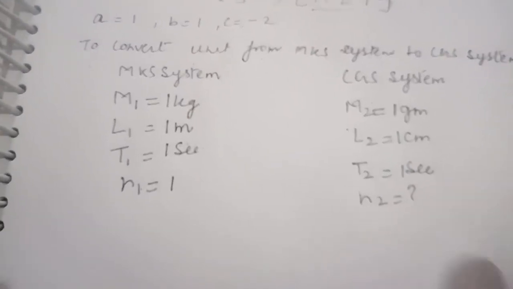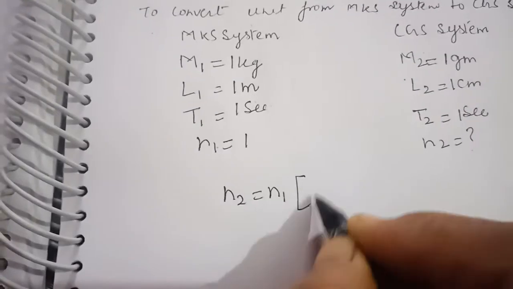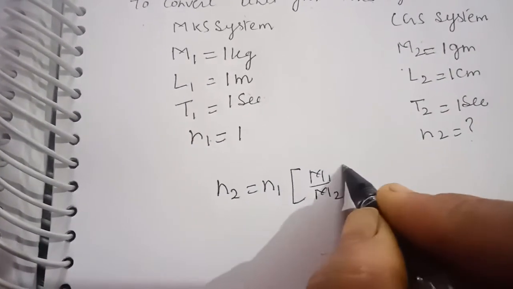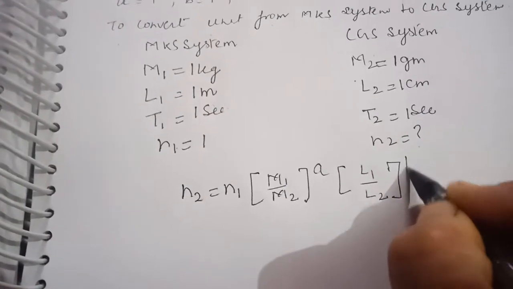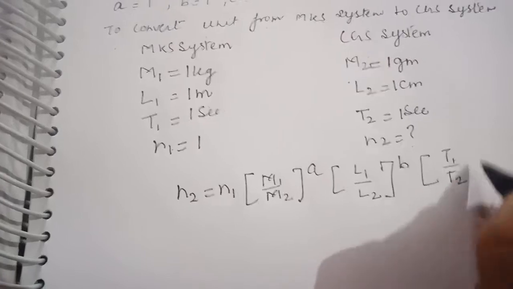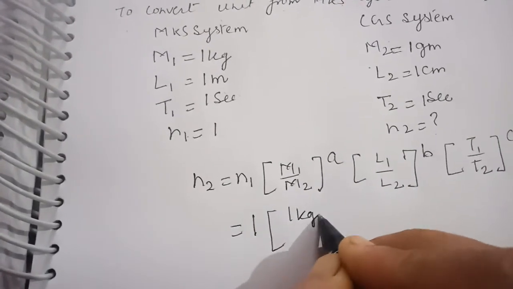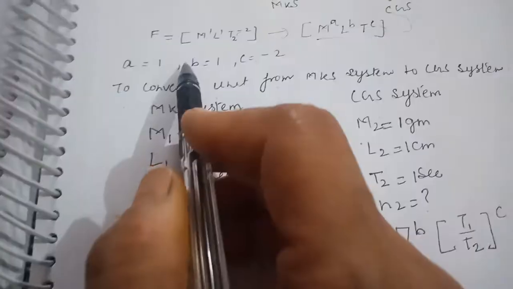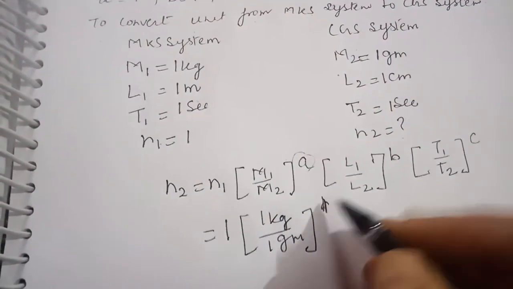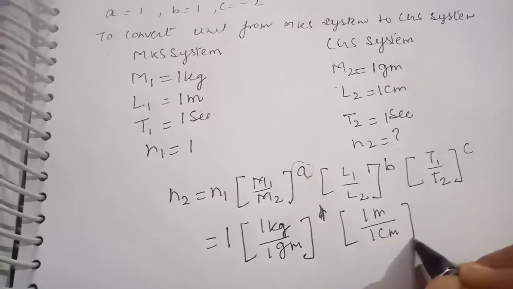So which formula will you use? The same formula: N2 is equal to N1, M1 upon M2 to the power A, L1 upon L2 to the power B and T1 upon T2 to the power C. Okay, now substitute: 1 kg and 1 gram to the power A, and the value of A is 1. Now 1 meter and 1 centimeter to the power B, B is equal to 1.